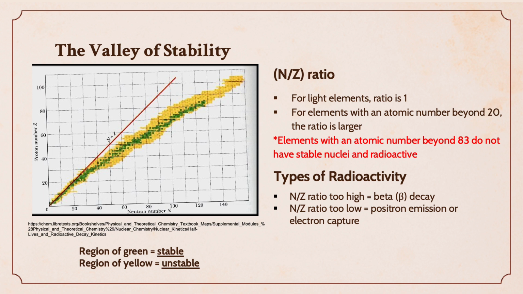By undergoing beta decay, the nuclide moves down closer into the valley of stability. If the N/Z ratio is too low, then it means the nuclide has too many protons and must convert the protons to neutrons via positron emission or electron capture. By undergoing these, the nuclide moves up closer into the valley of stability.